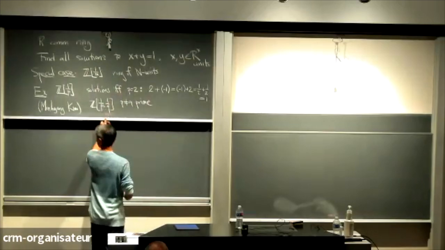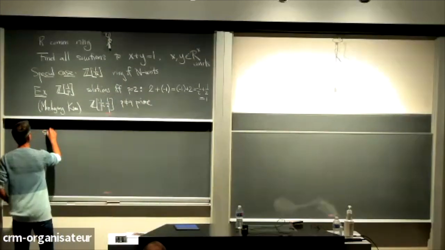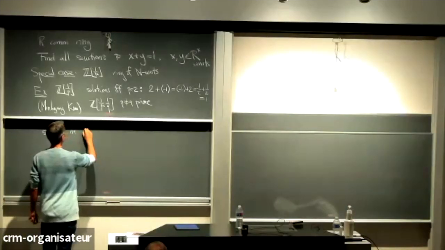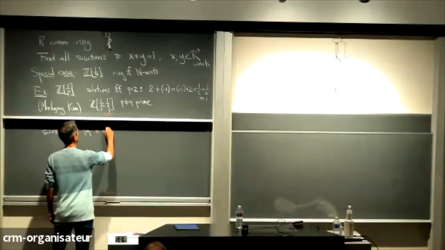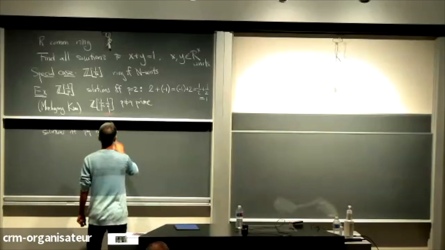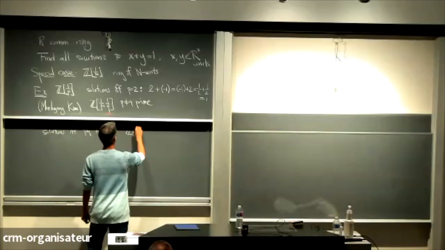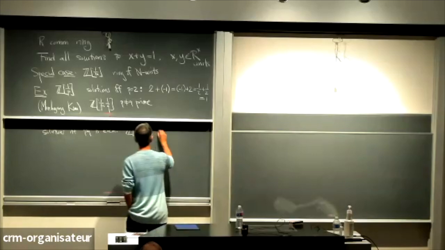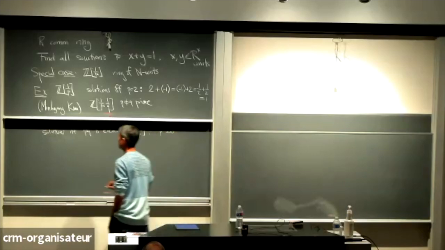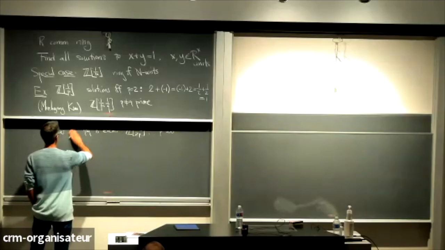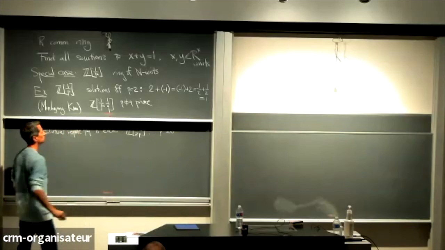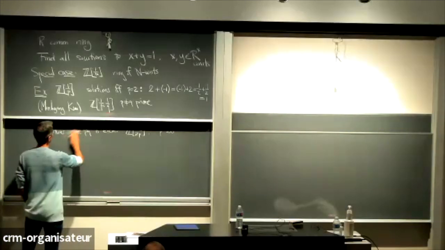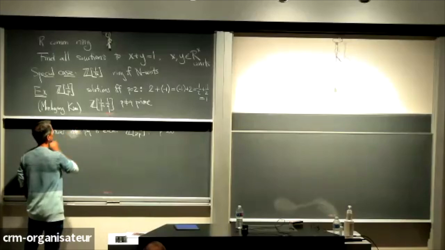This has solutions if and only if pq is even, meaning one of them is 2. So in this case we have Z adjoin 1 over 2p, p odd. Solutions require pq is even.